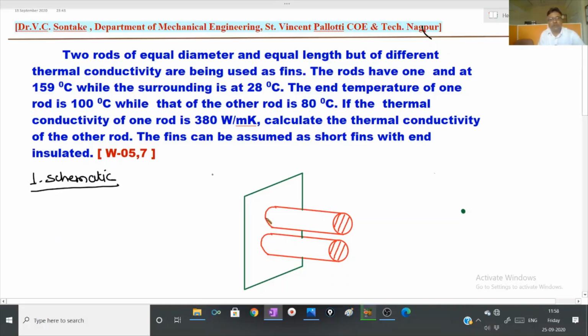So in the given problem, two fins of different material having thermal conductivity K1 and K2 are attached to the base surface and are used as fins. Let's say the base surface temperature is Ts.